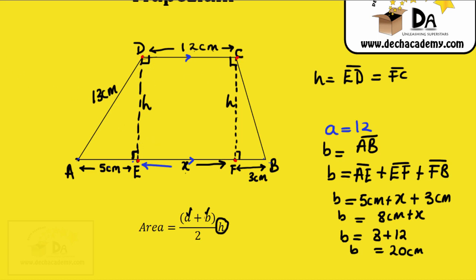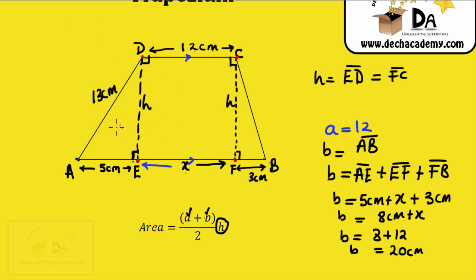How do you determine H? Well, what you just need to do is notice that we have a right angle triangle, triangle ADE here, and Pythagoras can be used to determine the length of the unknown side, the perpendicular height, which is H, because we're given the length of 2 out of 3 of the sides of the triangle.